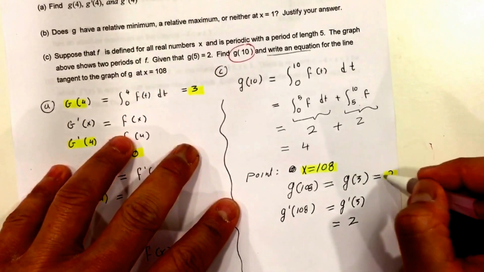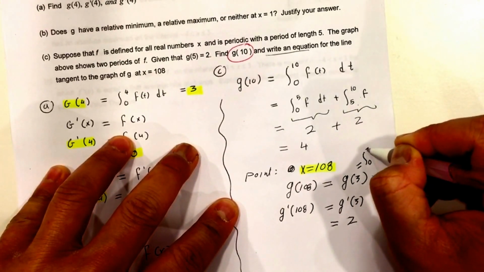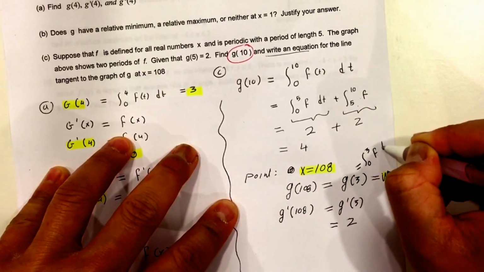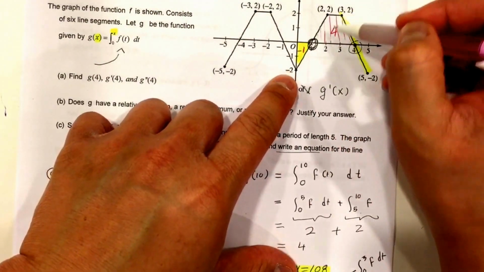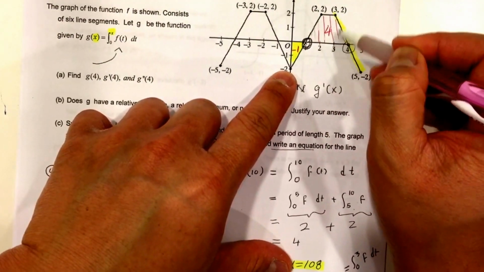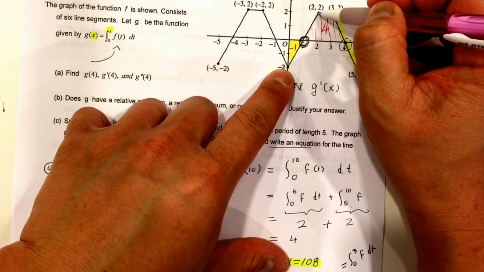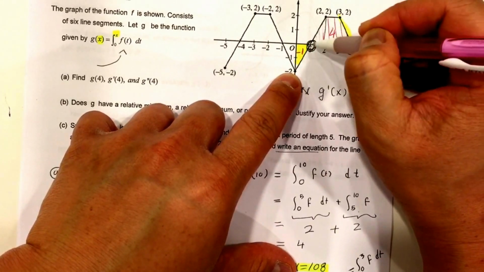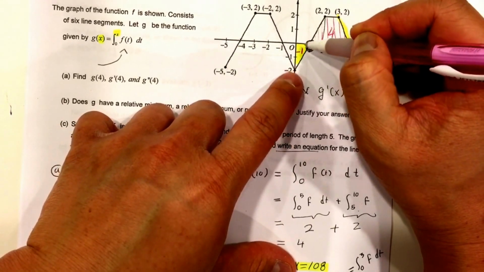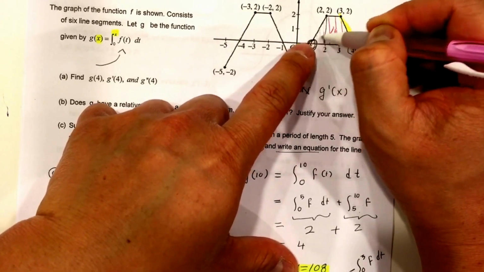Okay? So g of 3 is the integral from 0 to 3 of the function f dt. If you look carefully, from 0 to 3 it's actually simple, because from 0 to 2, these two triangles will kind of neutralize each other.